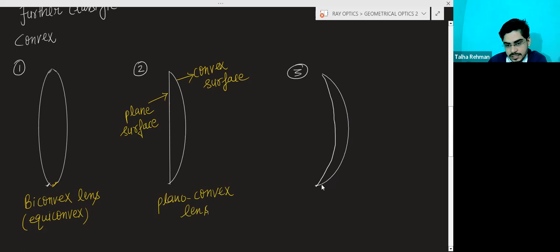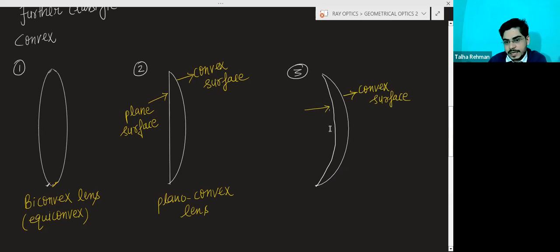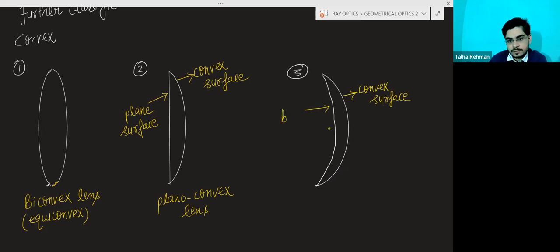Now you can see here, this surface is a convex surface, meaning bulging outward. Now see this surface. This surface is bulging inward. Okay. So this bulging inward surface is a concave surface.